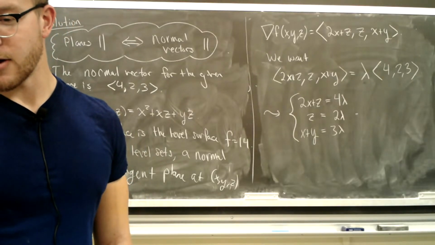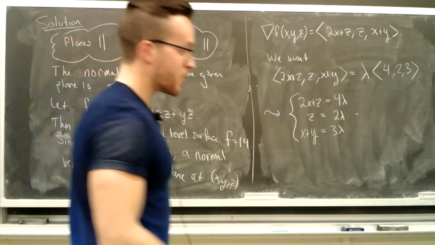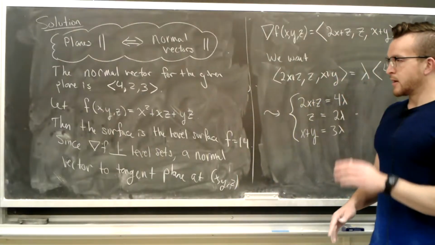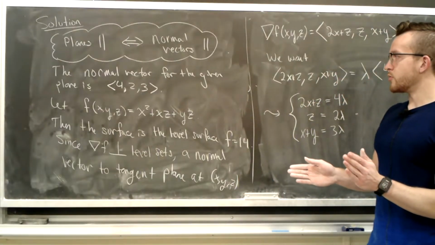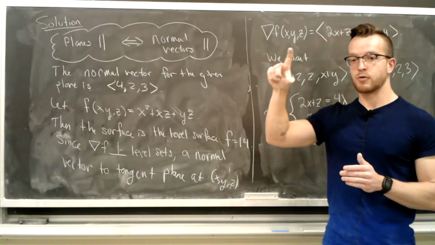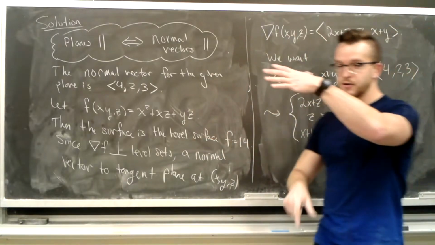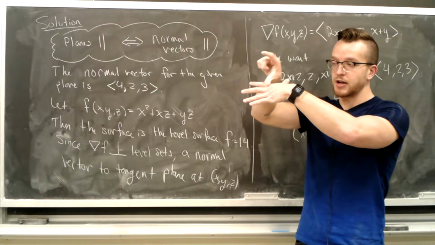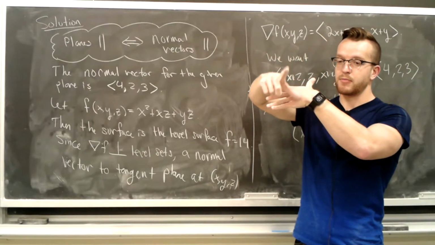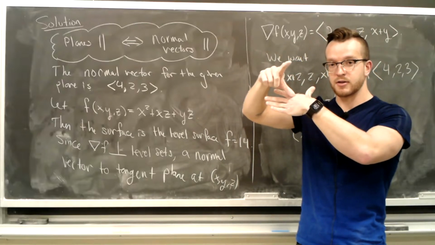So the role of the lambda here, the scalar multiple, is coming into play because this vector, I don't really have control over how long it is. As I track the gradient vector going around the surface, it's got a mind of its own, so it just has a certain length that I can't do anything about.